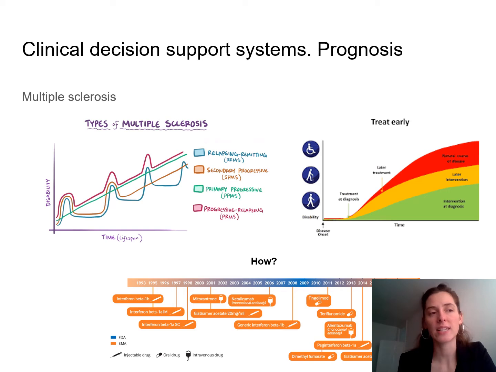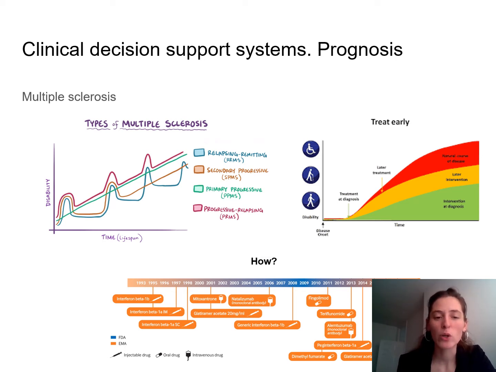But the thing is that the highest efficacy goes hand in hand with a higher rate of side effects of the drug. And we are not able nowadays to predict how aggressive the disease is going to be, to decide how aggressive the treatment should be at an early stage.